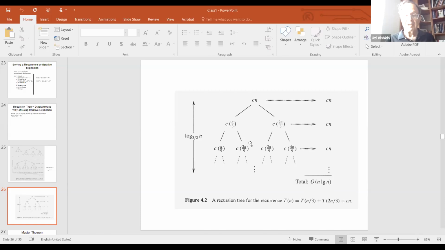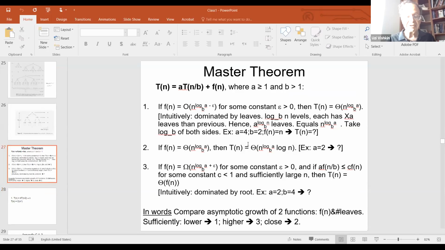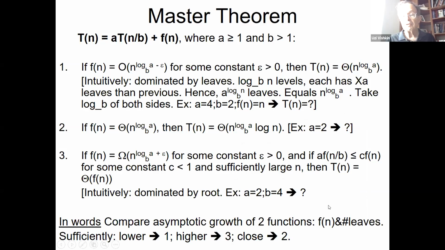Okay. So now comes the master theorem. And while I'm not going to prove it, I'm going to relate to it and explain it in the context of the examples that we saw so far. So the master theorem does not consider all possible recurrences that we saw so far.